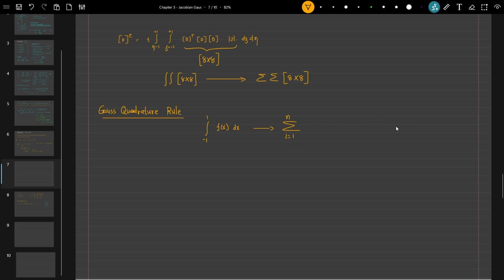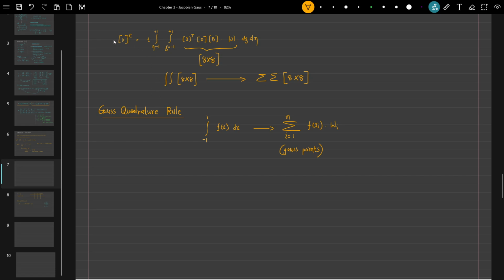These are called Gauss points or integration points, and we can replace this integration with a summation at discrete points. So this becomes f of x_i, multiplied with a weighting factor. So this is for 1D.